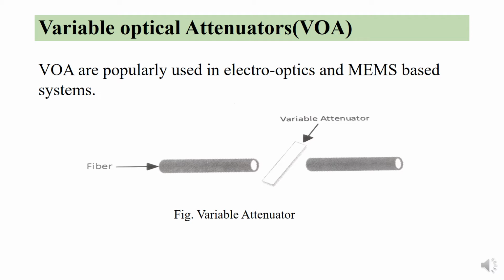And important parameters of VOA are attenuation range and accuracy, and these are the ones which also take care of wavelength balancing before WDM.